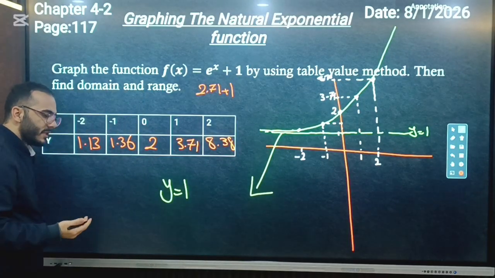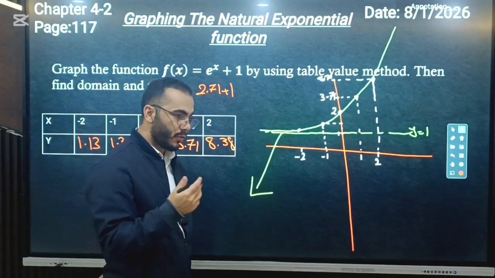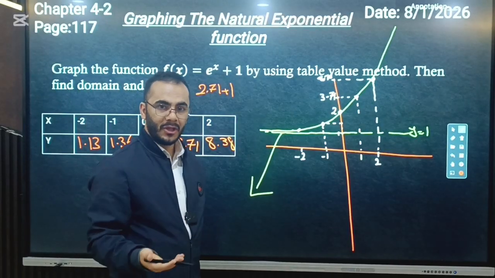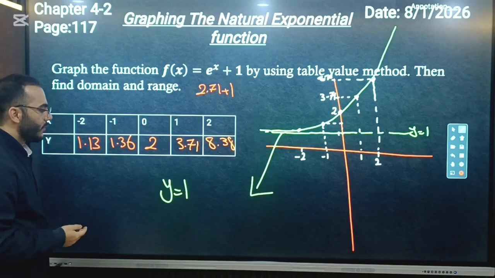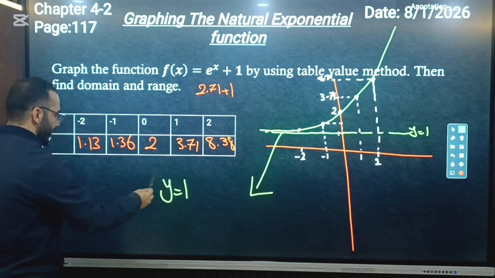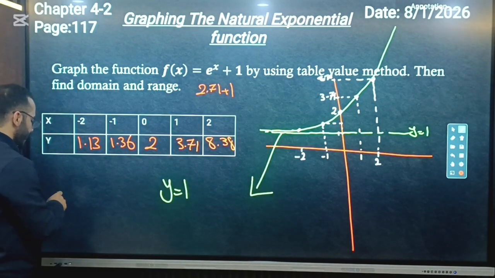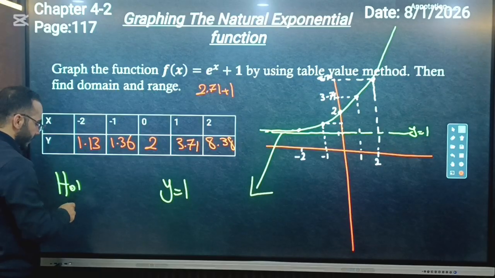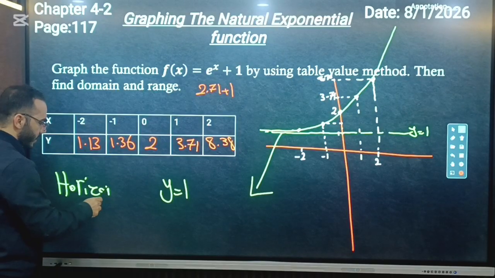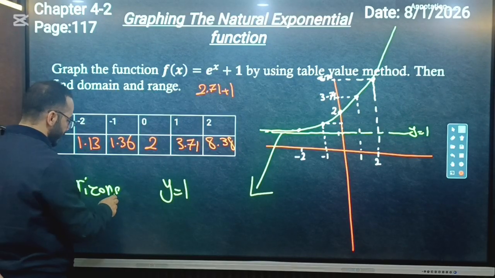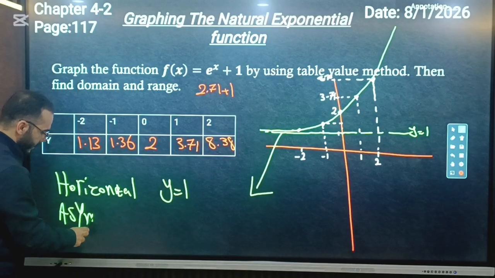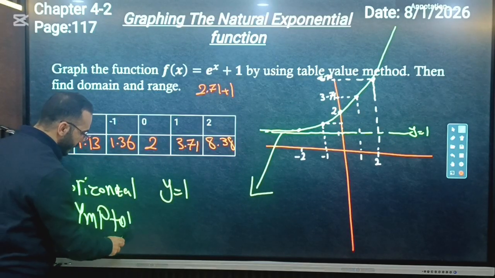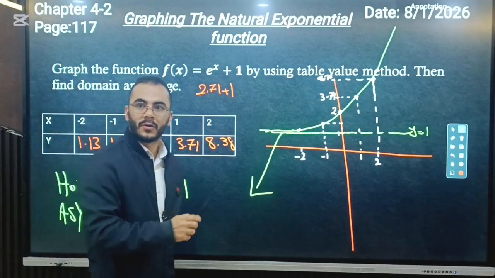In the old book it was written, but in the new one, they just removed it. But in grade 12, again, you will face it. It has a specific name, which is called horizontal asymptote. So that is called horizontal asymptote.